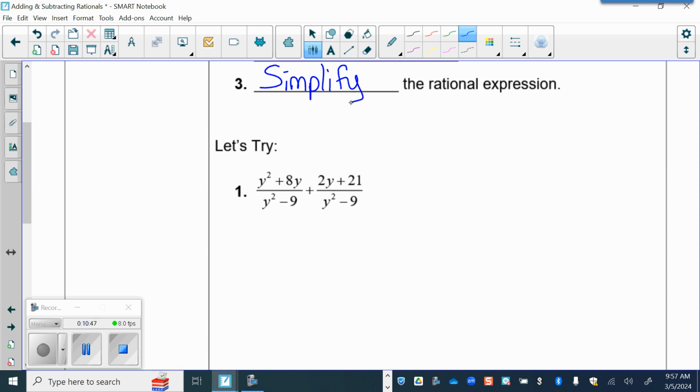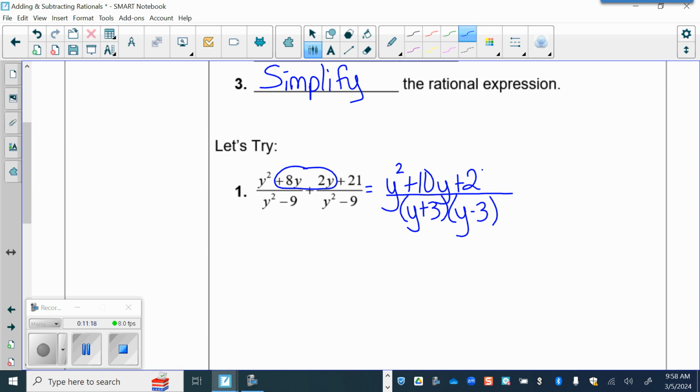Wow, I'm in luck. Common denominator. All right, so I'm going to write this out in factored form. My denominator is going to be y plus 3, y minus 3. Now, I have to add and I have to combine like terms when I'm adding, right? So we have y squared, positive 8y plus 2y, which is positive 10y, and a plus 21.